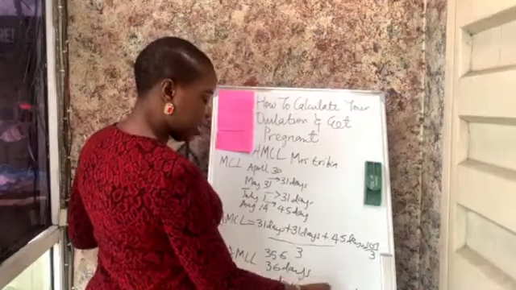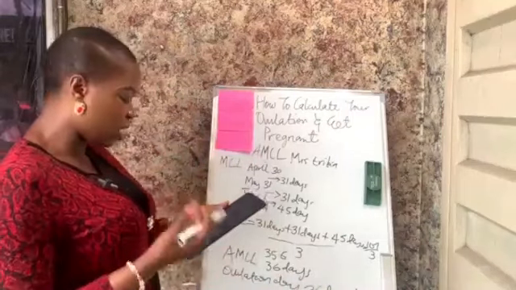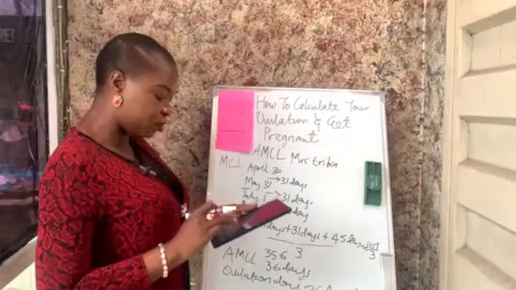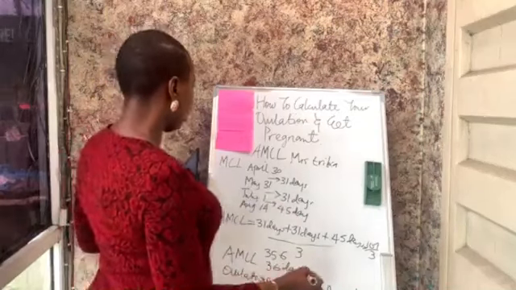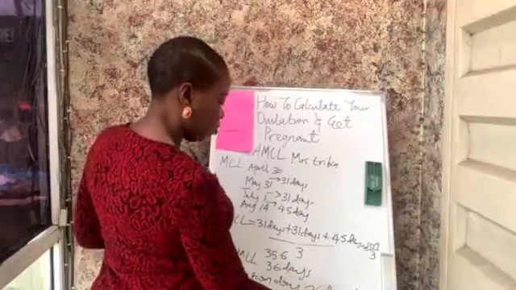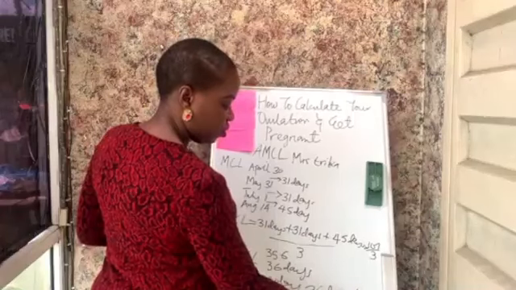Now 36 minus 14, like I said, use your calculator. Don't assume. 36 minus 14 is going to give us 22 days.